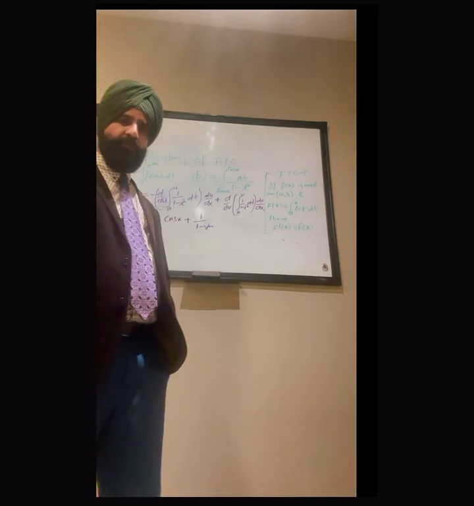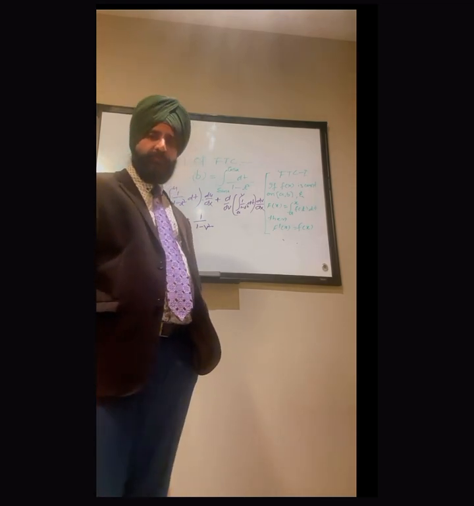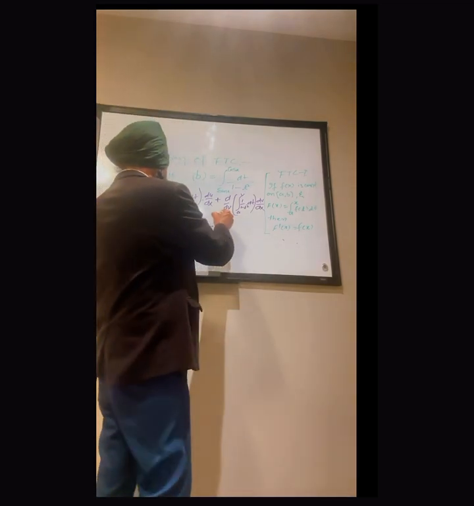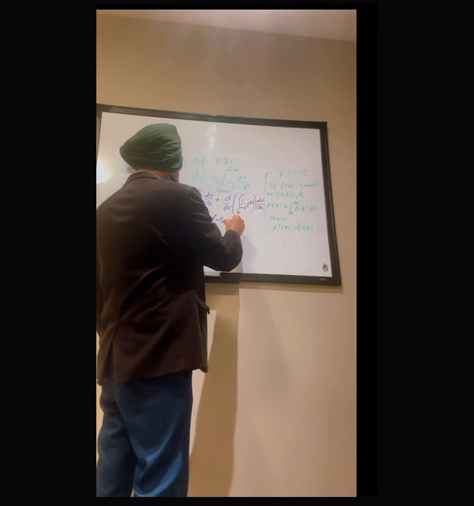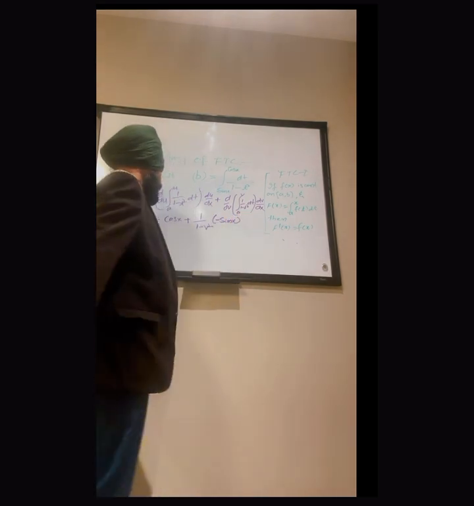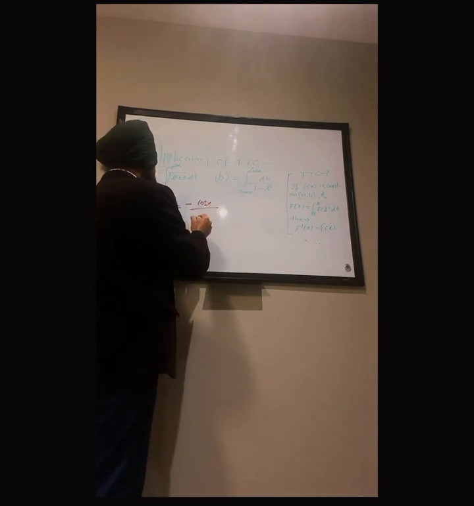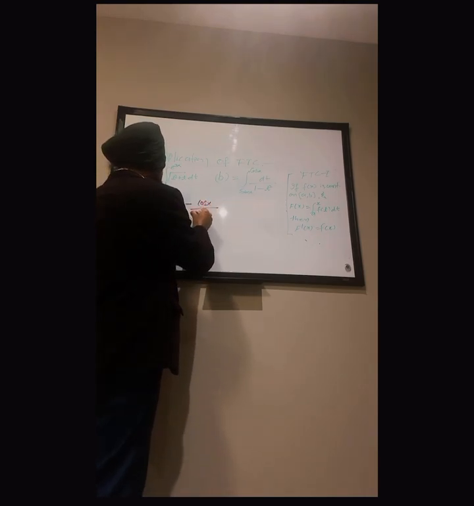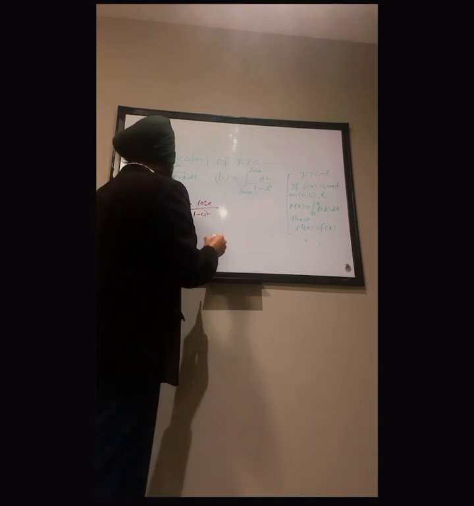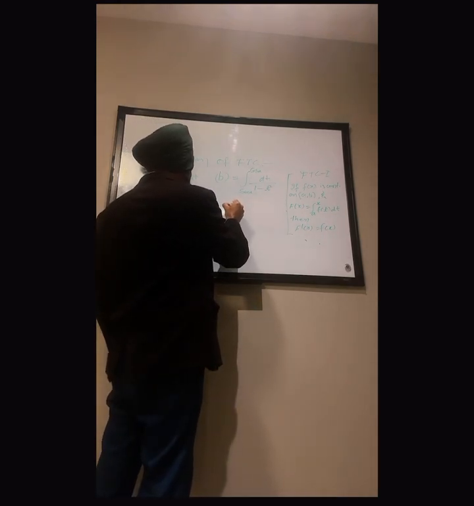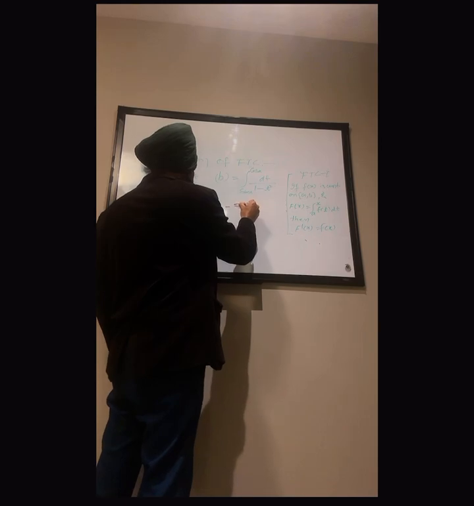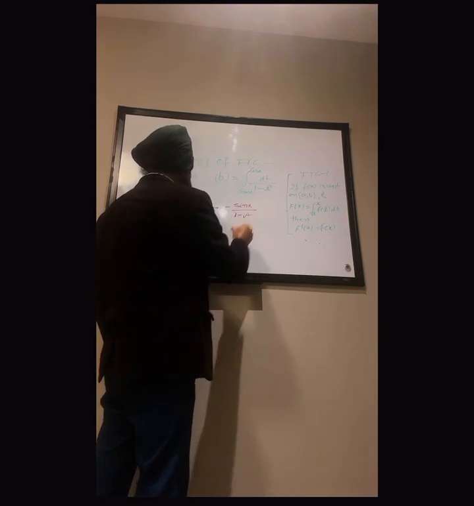What's v? v is cos x and its derivative is negative sin x. So we get cos x upon 1 minus u squared minus sin x upon 1 minus v squared.